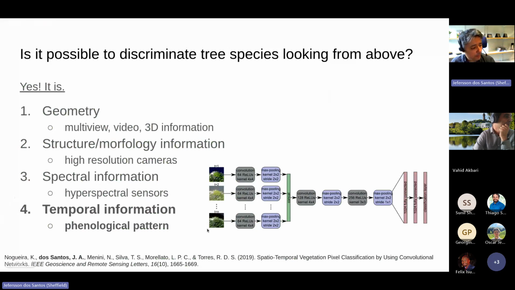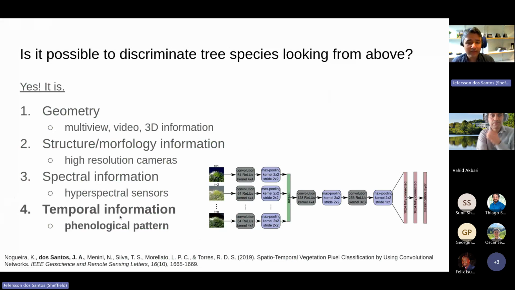We have shown in this paper that using a convolutional neural network it is possible to learn temporal patterns from the trees, and it's very effective for discriminating different plant species. Phenological patterns can be captured if you have multi-temporal data.